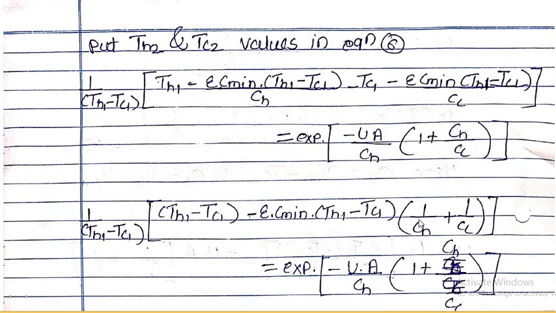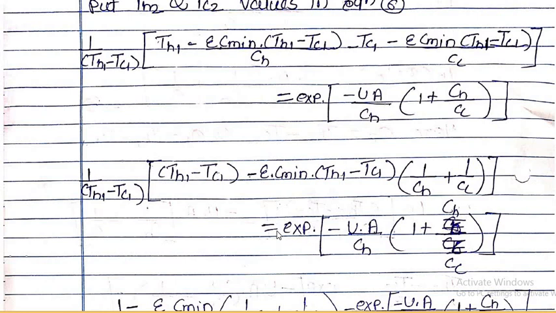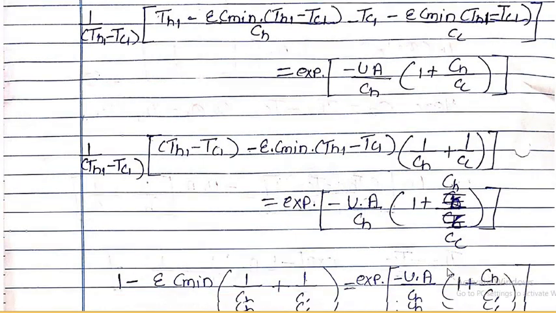If you take the minus sign common, in the bracket it remains 1/Ch + 1/Cc. The right side stays as it is: exponential of -UA/Ch (1 + Ch/Cc).